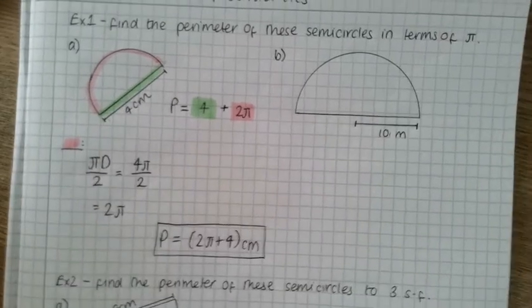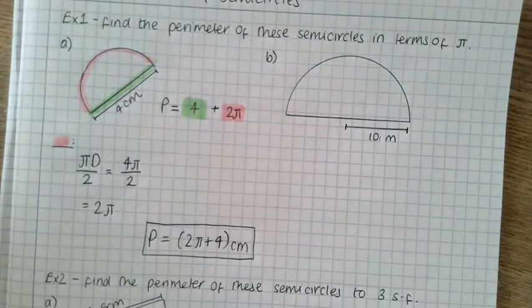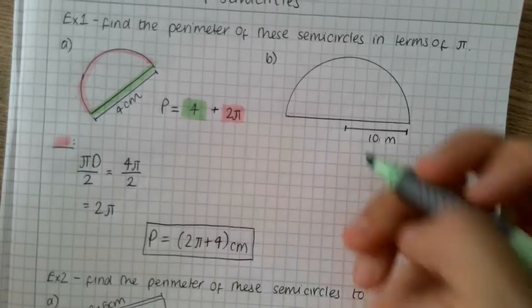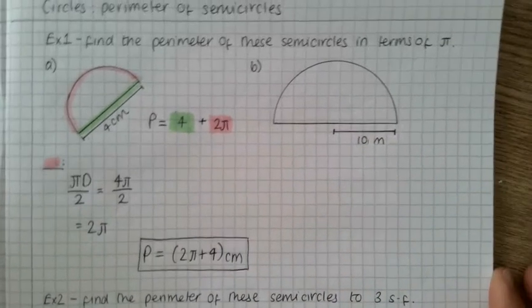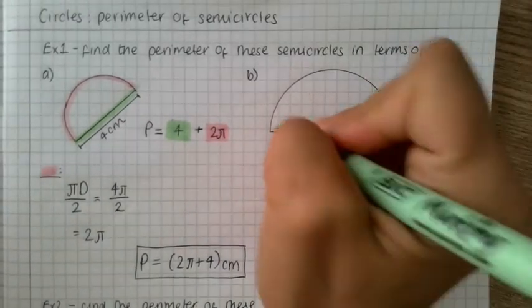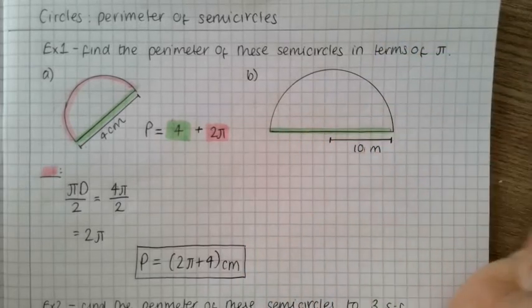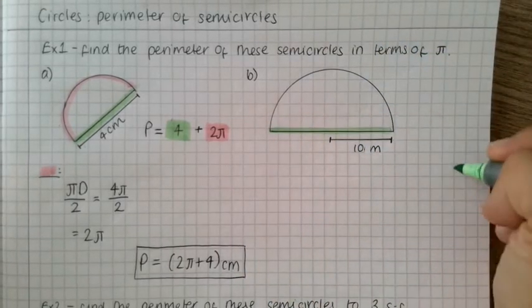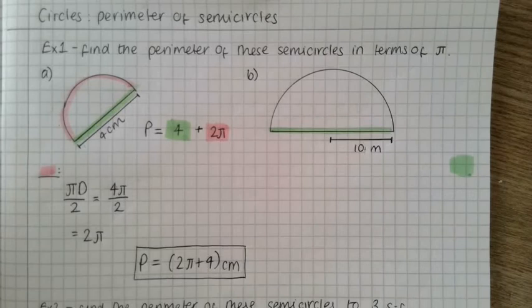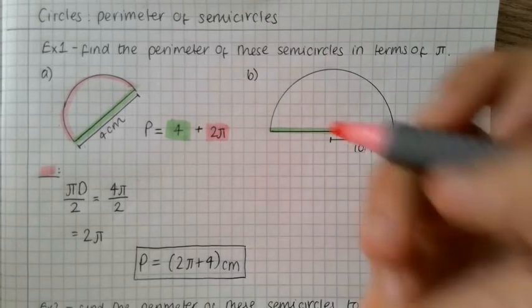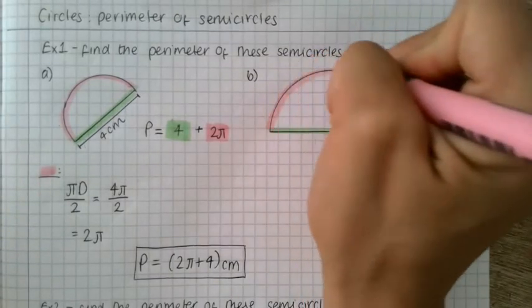So we'll go on to the next one, and again we want to find the perimeter of the semicircle, which is the length around the edge of the semicircle. So I've got this straight edge here, which I need to find the length of, and I'm going to add it to the curved edge, and that will give me the perimeter.